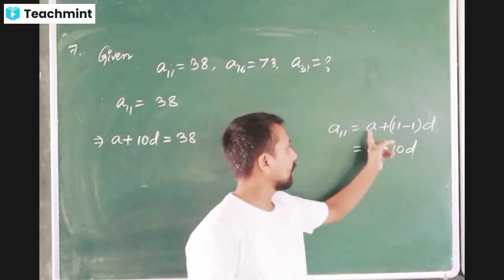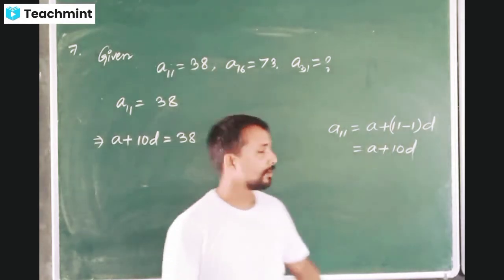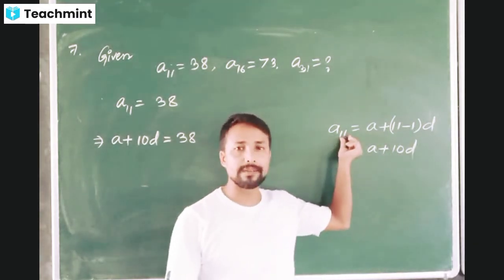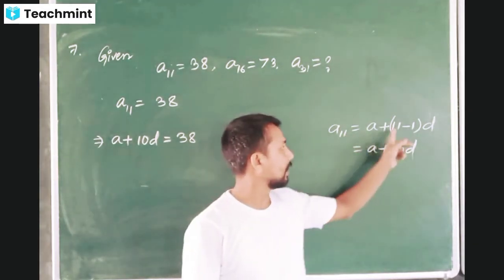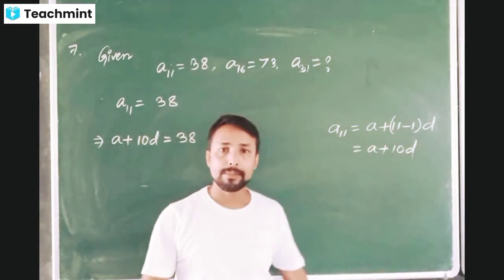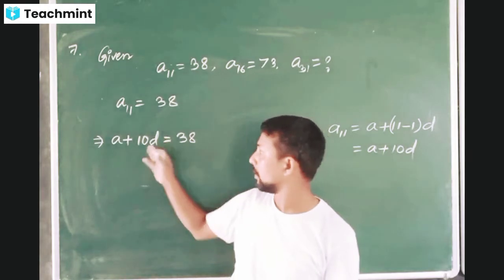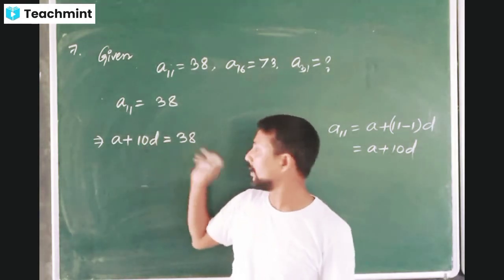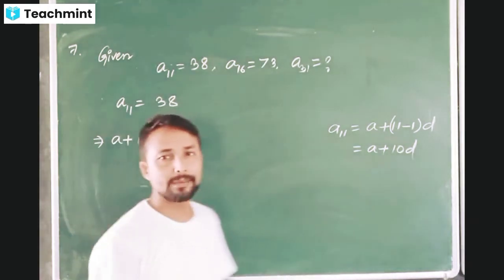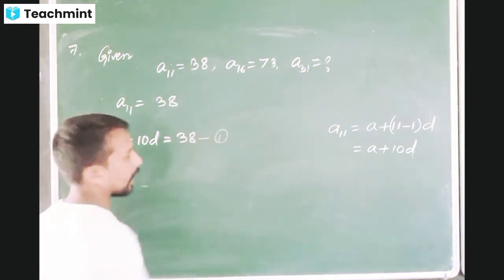An equal A plus n minus 1 into D. In place of n, if we put 11, then 11 minus 1 is 10. So we write one less than the number of the term. A plus 10D equal 38. This is equation 1.